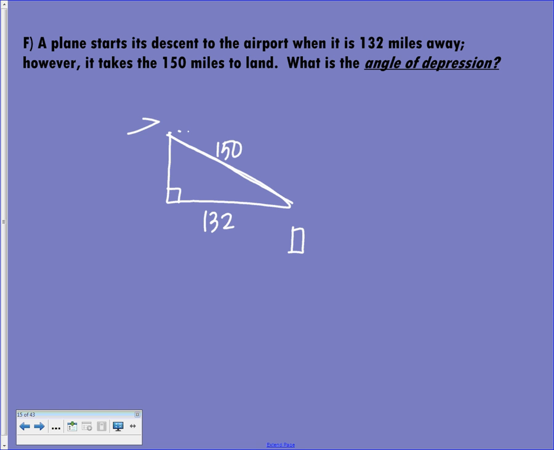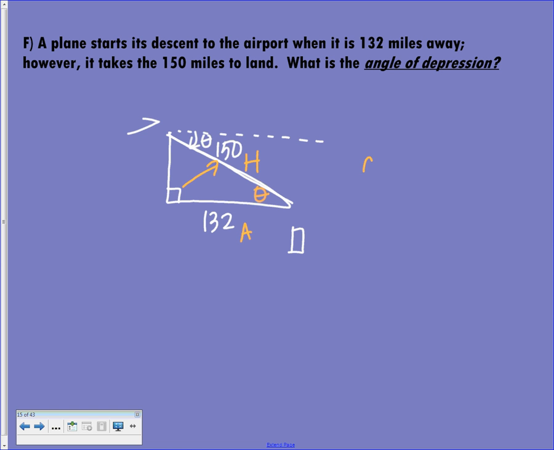So again, for the angle of depression, I'm going to draw out that horizontal line, and my angle is actually this one coming down. Again, by alternate interior angles, that's the same as my angle over here. Okay, so from the angle I've given, I know that my 132 is my adjacent, and the 150 across from the 90 is my hypotenuse.